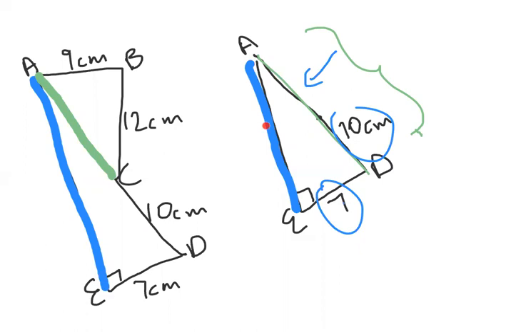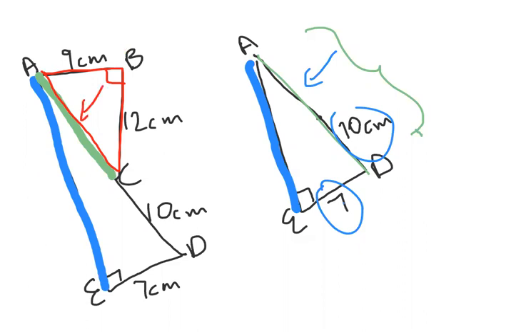So let's see what we can do. Now they give us that this triangle, the red one, is 90. So already, if you know something is 90, what must you remember? Pythagoras. So let's use the red triangle.